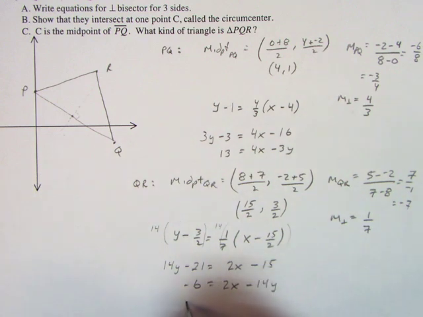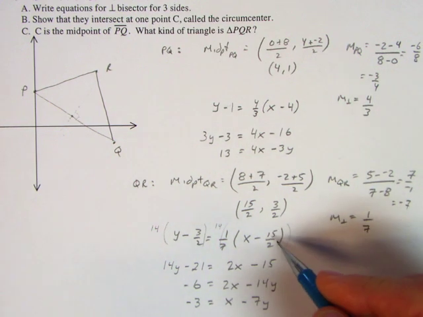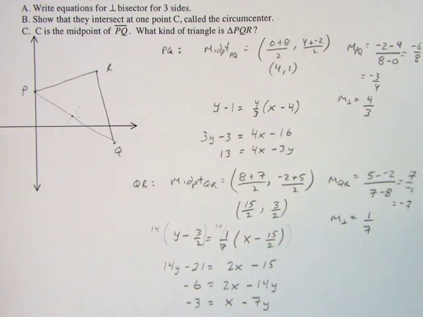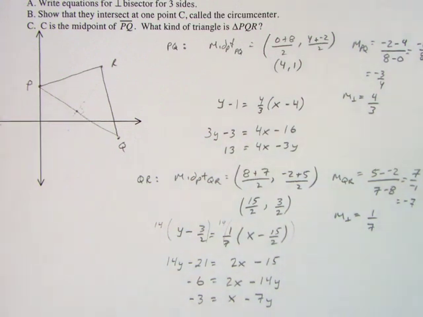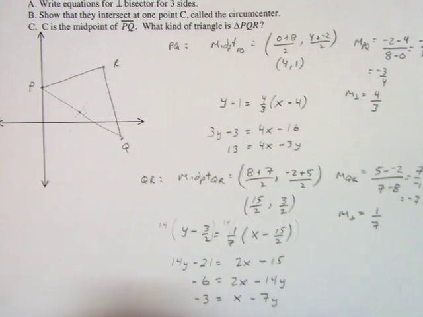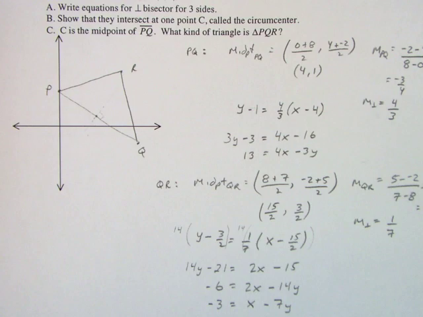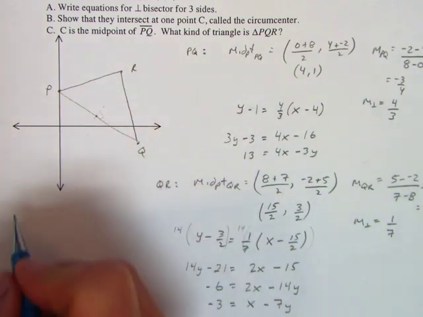We could divide everything by 2, which means when we first multiplied by 14, we really could have gotten by with multiplying by 7. But it doesn't make any significant difference. So now we have our next equation, and then our last one. So we have PQ, QR, so we need PR.